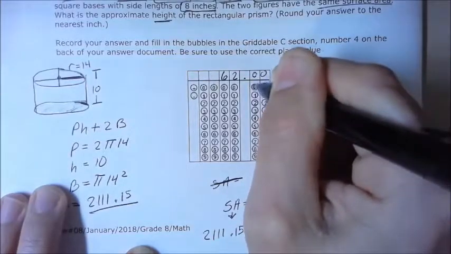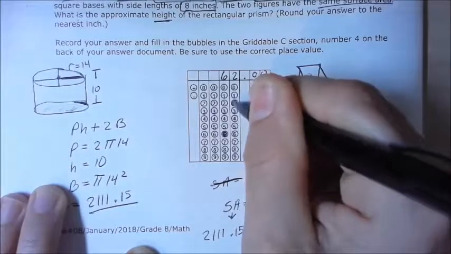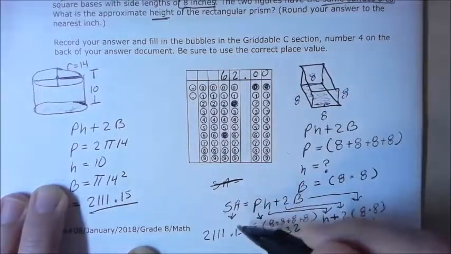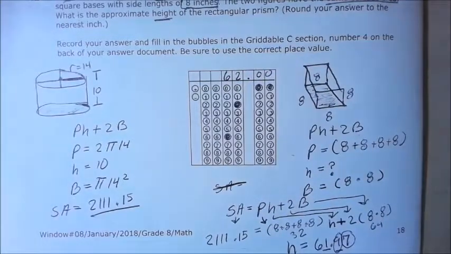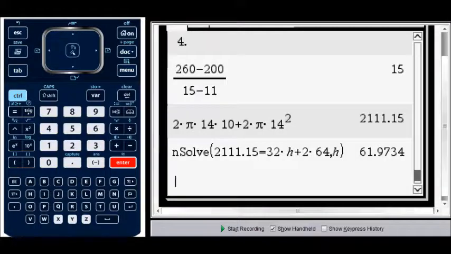Now, if you're doubting this and you go, well, I'm not sure that's right, how can I double check it? Well, you could always just plug in 62 for the height and see if you come up with roughly the same answer. So let's do that just for practice.